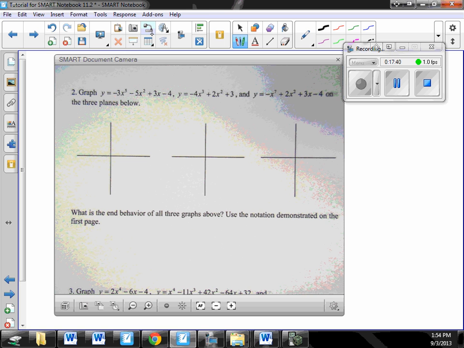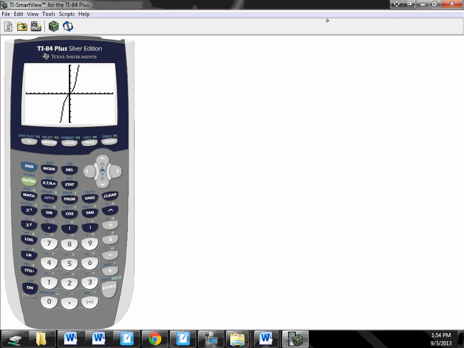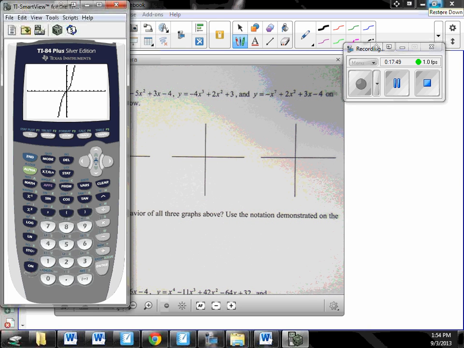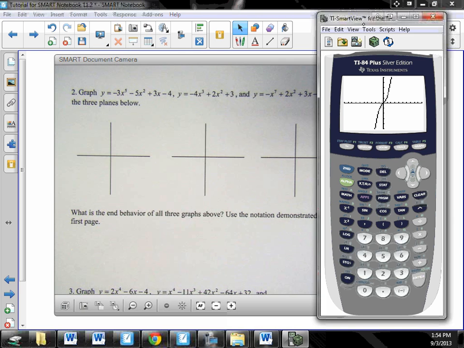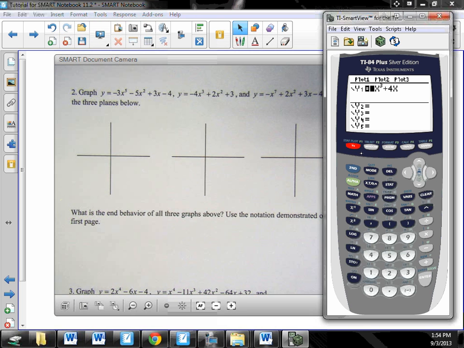So let's graph the first one together. So the first graph is going to be -3x to the fifth minus 5x squared plus 3x minus 4.